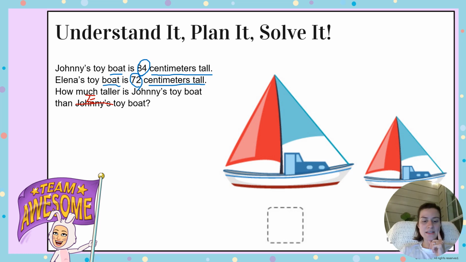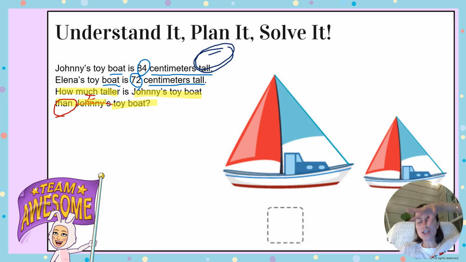My question is, how much taller is Johnny's toy boat than Elena's toy boat? Keyword, guys, than. Circle it. I am comparing two different amounts, two different measurements, and I need to find the difference between the two, which means I'm going to be subtracting, right? That's the symbol that I will use.